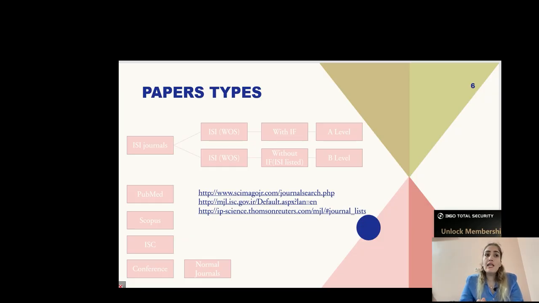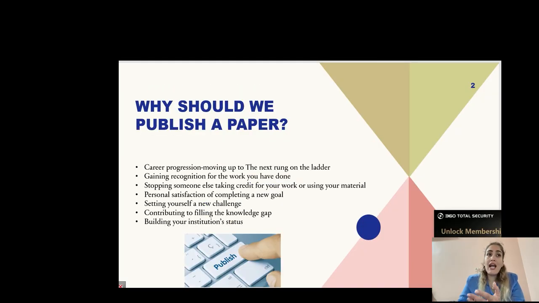The other question I want to talk about in this session is why we should publish our paper. Why is publishing a paper important for us? Because you gain recognition for the work you have done until now, and people will know you based on your work.